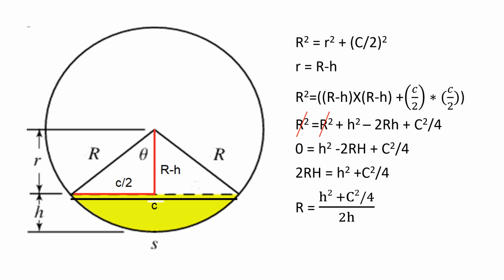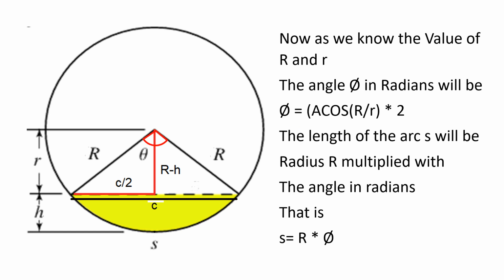As we know the value of R and small r, the angle phi in radians will be the inverse cosine of r divided by radius capital R. Therefore angle phi in radians will be twice the acos of r divided by radius capital R. The length of arc formed by the angle phi is equal to R multiplied with phi.